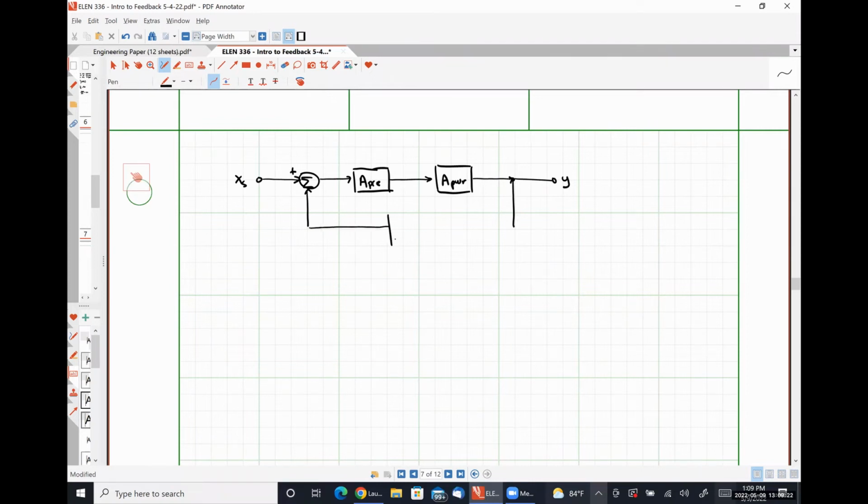And we are going to look at how we can use feedback in a system like this.